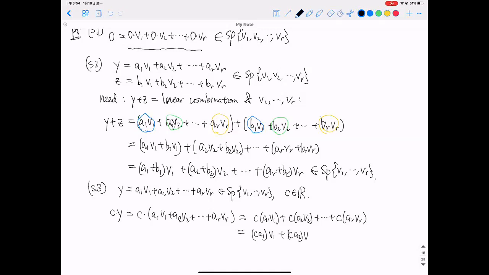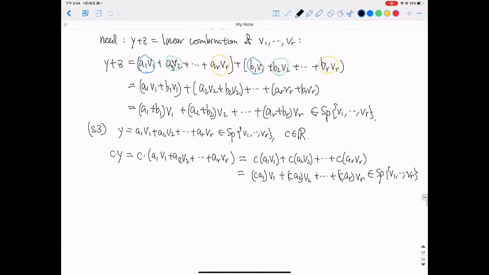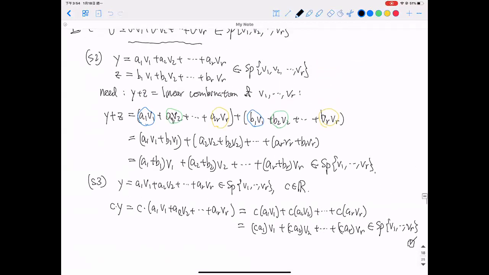So you get (c a1) times v1, (c a2) times v2, and so on. And now this evidently is a linear combination of the v's. So this shows that the scalar multiple of Y is indeed a linear combination, so still in the span. Therefore, S3 holds true.